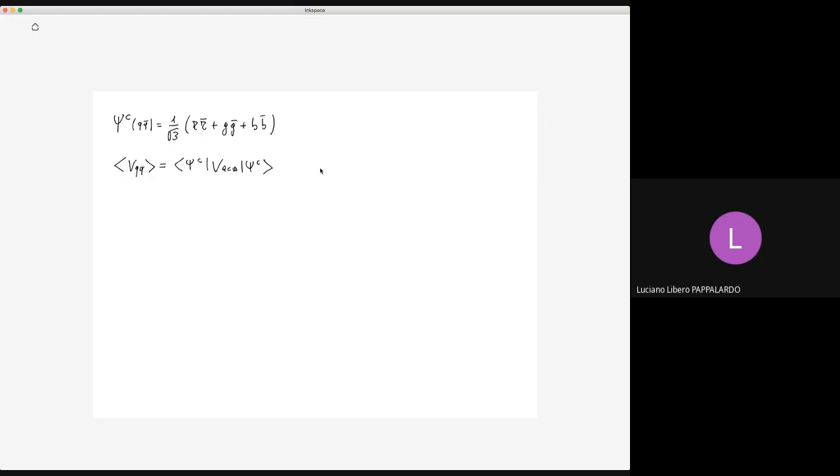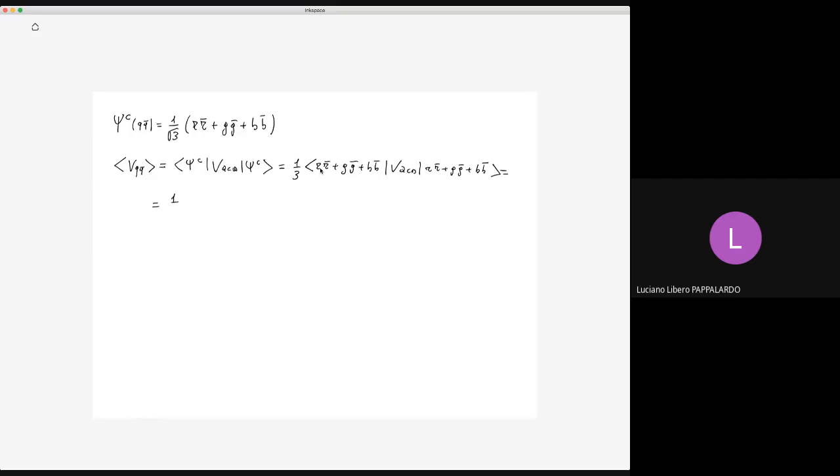And so more explicitly, we have 1 over square root of 3, then we have red anti-red plus green anti-green plus blue anti-blue. Then we have our potential. And then we have again red anti-red plus green anti-green plus blue anti-blue. Now we can make this more explicit.